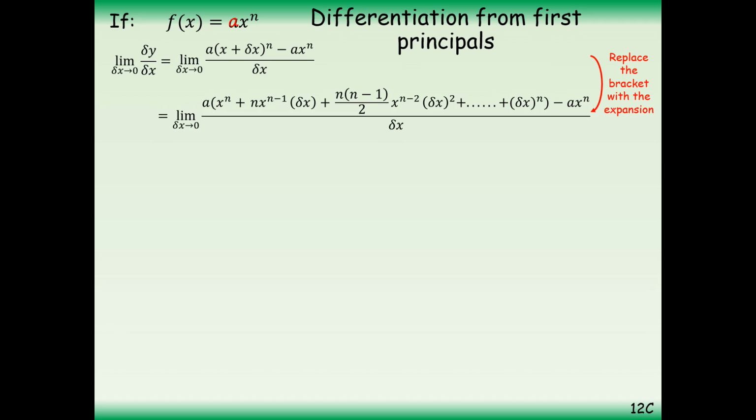What you notice is that we always subtract the function itself away, evaluated at point x. So the first term and the last term always cancel away, because that x to the power n cancels away.